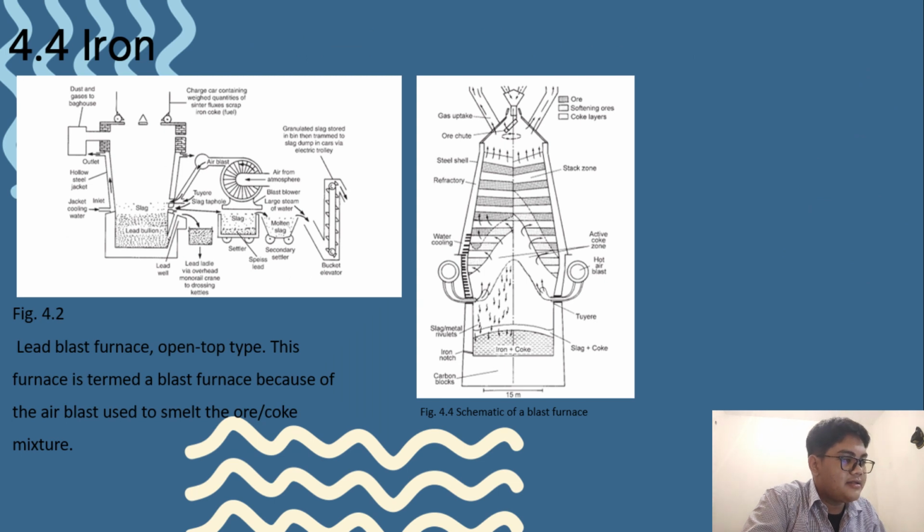The iron. The early name for iron means stone from heaven. In several languages, this name probably resulted because the first iron used by ancient men was literally from heaven. Meteorites weighing from a few ounces to tens of tons have been falling on the earth since its beginning. As we can see in figure 4.2, lead blast furnace, open top type.